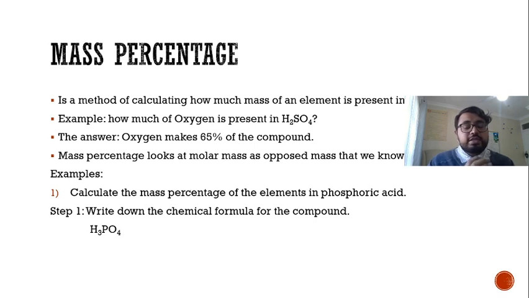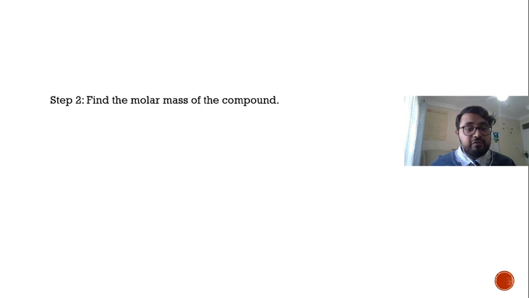Now we need to look at the periodic table for step 2, so I hope you have your periodic table out. Okay, so notice that step 2 says find the molar mass of the compound, and we do this by adding up the individual molar masses of each element. Now we have 3 hydrogens present in phosphoric acid, so we're going to multiply the molar mass of hydrogen by 3.